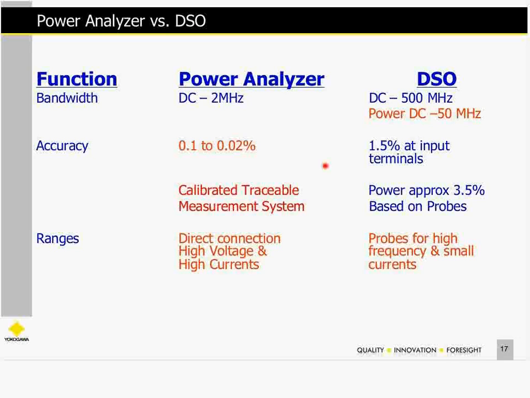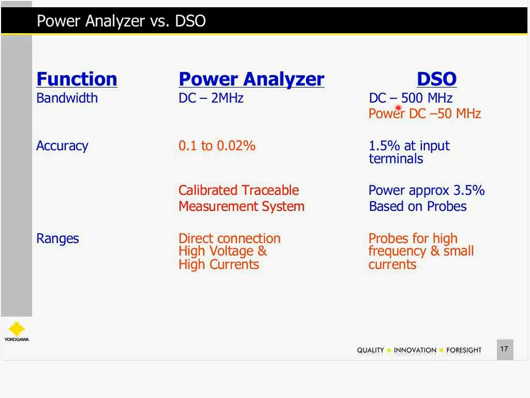Let's compare a power analyzer with a digital storage scope. A lot of people like to use scopes. We're comfortable with those. But let's look at some of these comparisons. Basically, first thing, bandwidth. Our power analyzers right now typically go from DC up to about 2 megahertz for power.